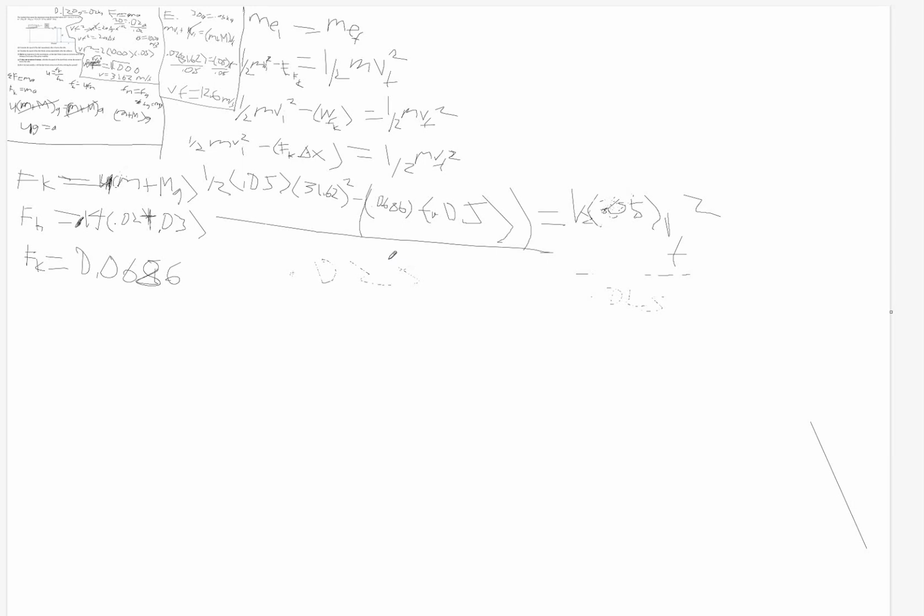So first, let's start with the left side here. Let me start all that algebra again. So 1/2 times 0.05 is 0.025, and 31.62 squared is 999.824.